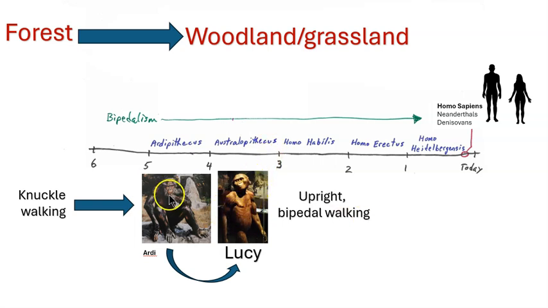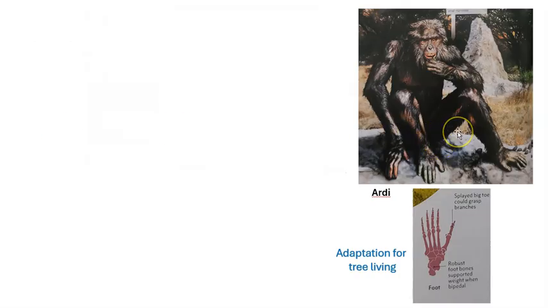So let's look at this transition from a creature like Ardipithecus to Australopithecus. Ardi lived in a forest, kind of woodland environment. Ardi has a skull that indicates an upright posture, but look at Ardi's feet. Ardi retained the ape feature of a grasping foot.